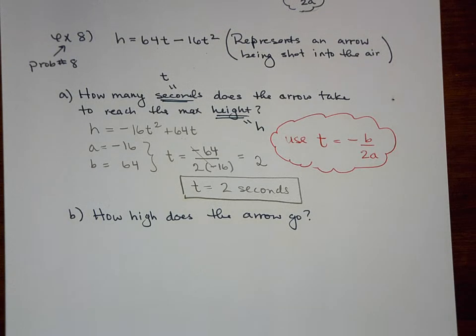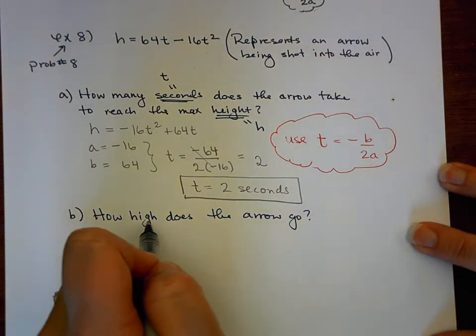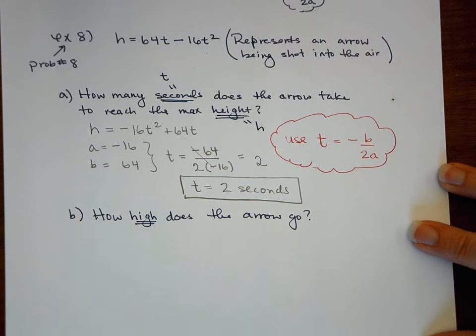So how high does the arrow go? They want to know how high. So do they want to know the value for t or the value for h? If they want to know h.